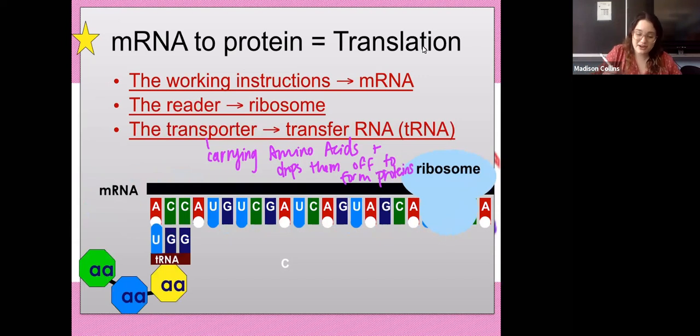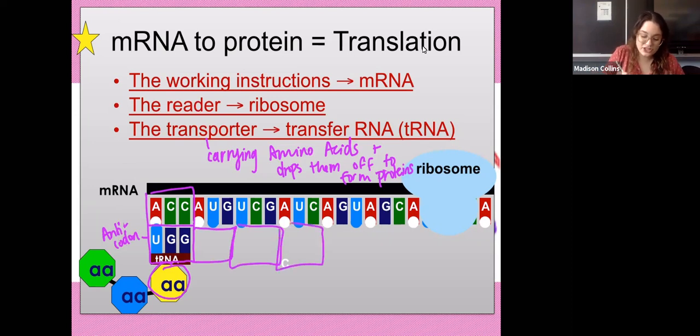So again, the tRNA is going to match up with its correct codon according to that anticodon that it has. Right? And it's going to drop off the amino acid backpack that it's carrying. So it's going to take off that backpack, and all of the tRNA molecules are going to do the same for each of their codons, until eventually we're left with a complete chain of amino acids.